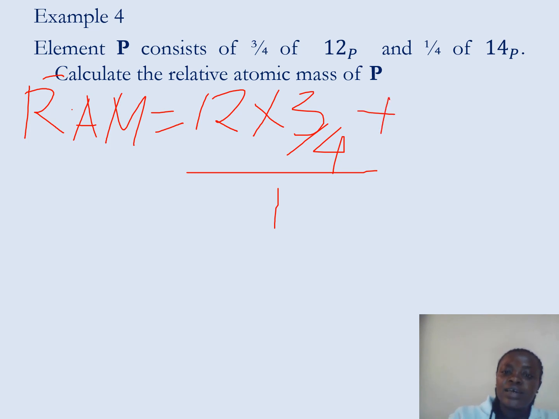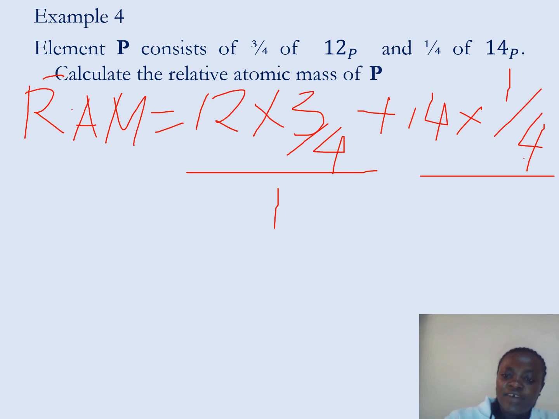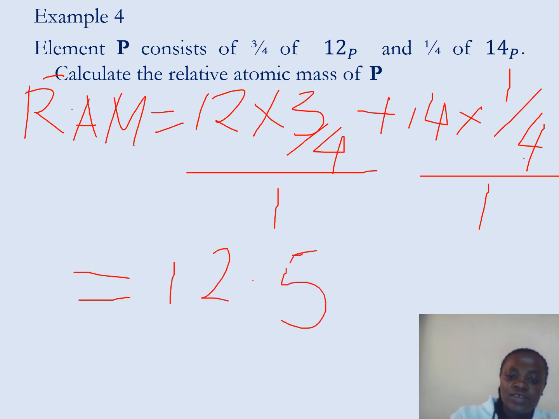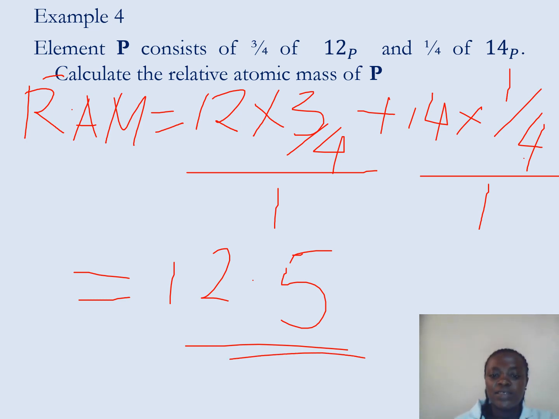Then plus the mass number of the second isotope, 14, multiplied by a quarter, 1 over 4, then divide by the total fraction, 3 over 4 plus 1 over 4, which is 1. So the answer here will be 12.5. This is the relative atomic mass of element P.